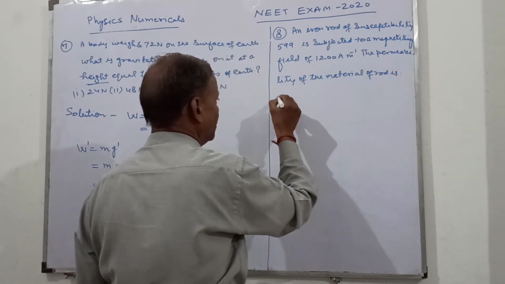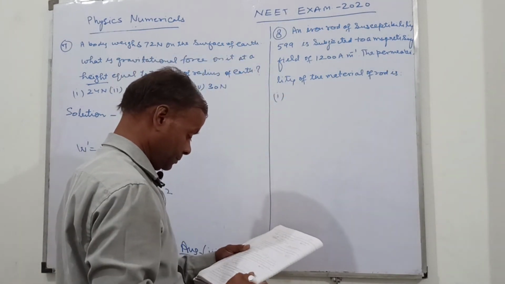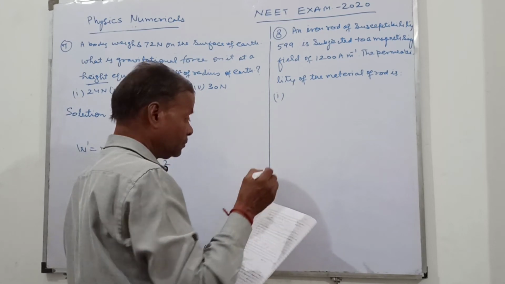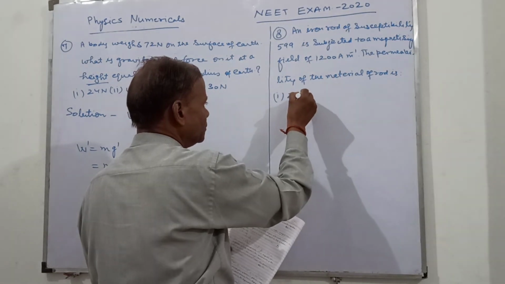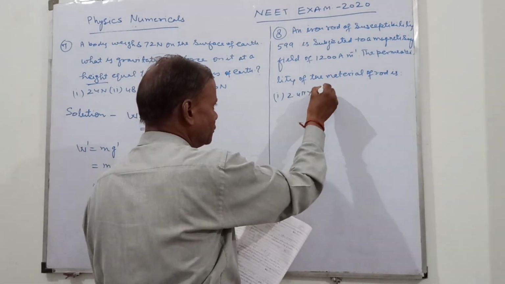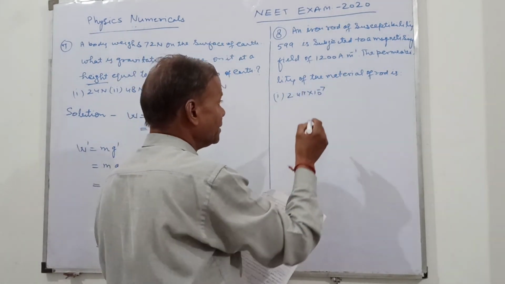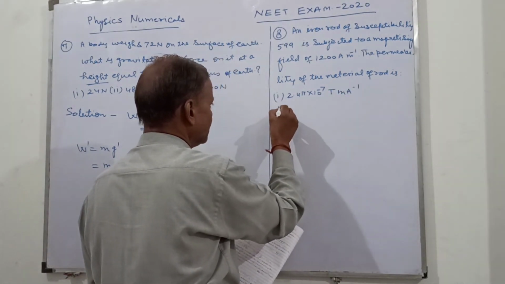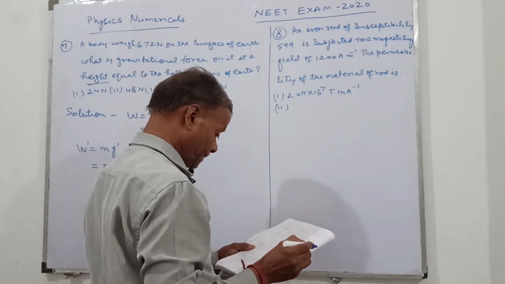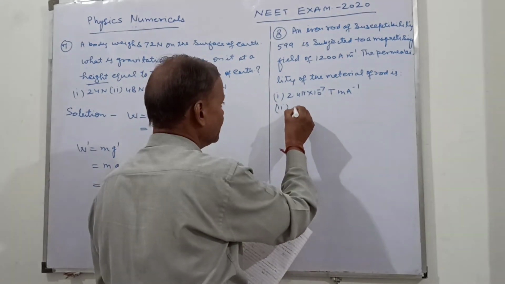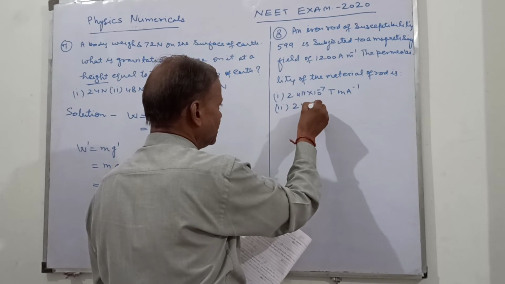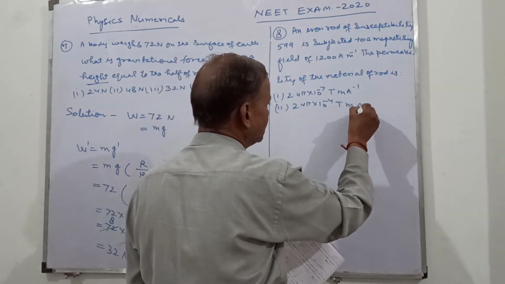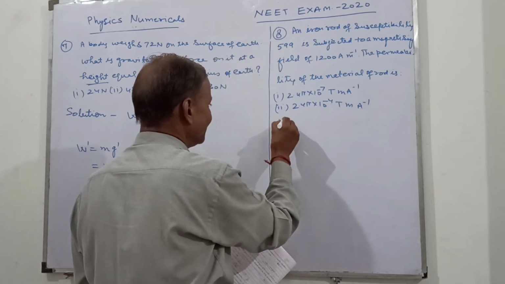First, 2.4 pi into 10 raised to the power minus 7 Tesla meter per ampere. Second, 2.4 pi into 10 raised to the power minus 4 Tesla meter per ampere.